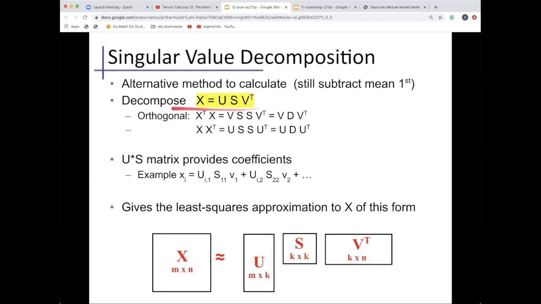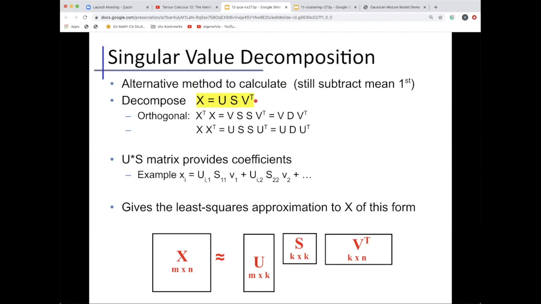Suppose my original data matrix X can be decomposed into these three matrices, USV. That is a singular value decomposition. In this case, U is an orthogonal matrix, V is also an orthogonal matrix, and S is a diagonal matrix. It's called SVD because U and V in general are different.